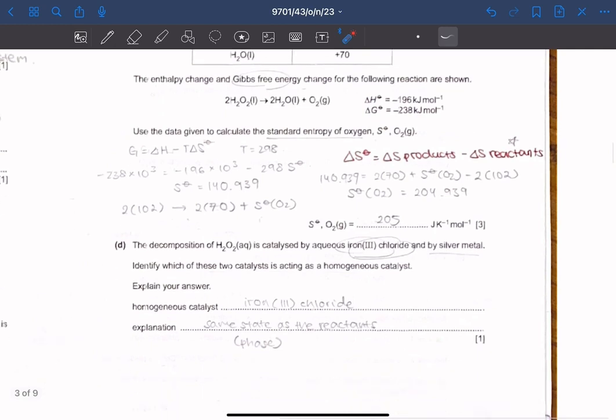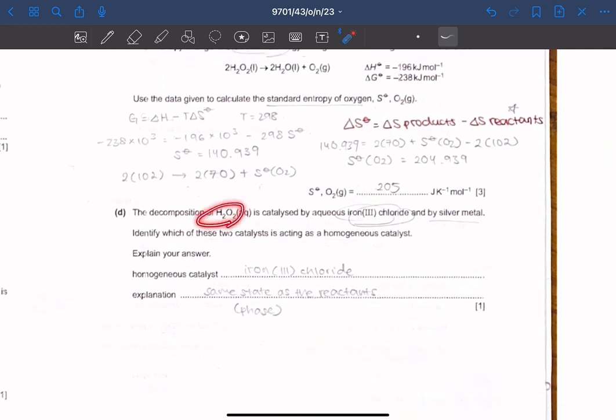Yes. Then D, the decomposition of H2O2 is catalyzed by aqueous iron III chloride and by silver metal. Identify which of these two catalysts is acting as a homogeneous catalyst. So homogeneous catalyst is a catalyst that has the same state of matter or phase as the reactants. So the catalyst and the reactants have the same phase.